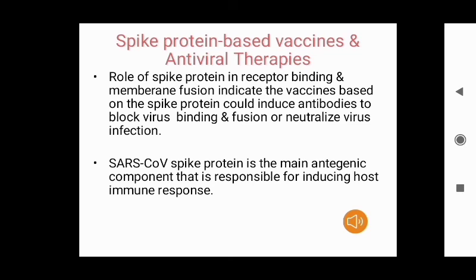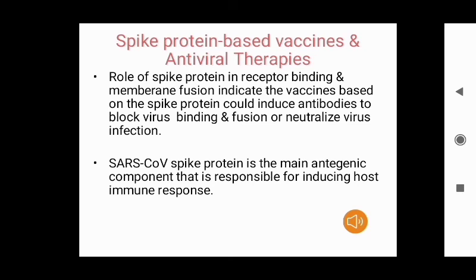The role of spike proteins in receptor binding and membrane fusion indicates that vaccines based on the spike protein could induce antibodies to block virus binding and fusion or neutralize virus infection.